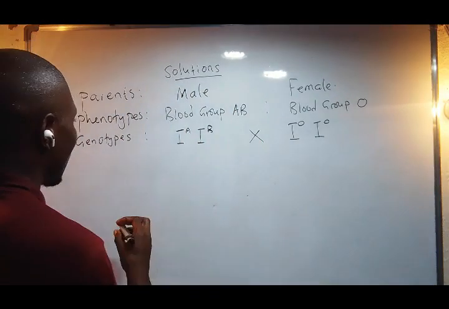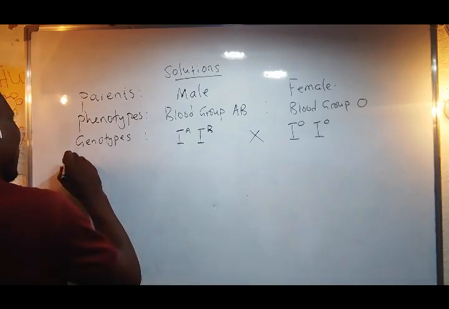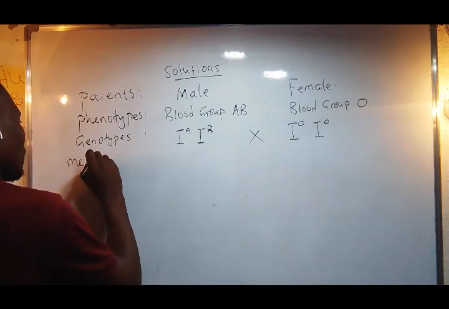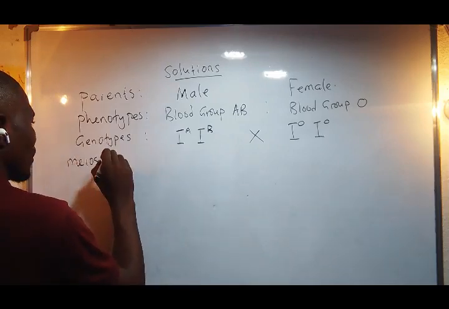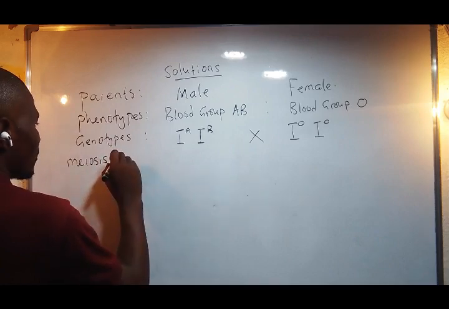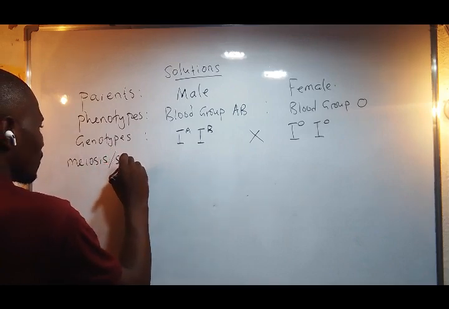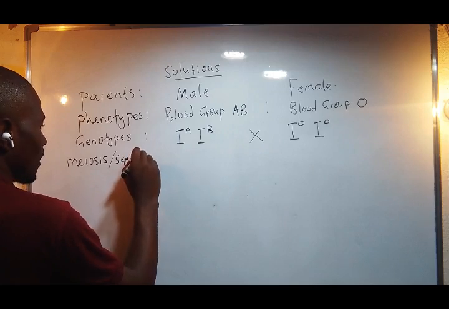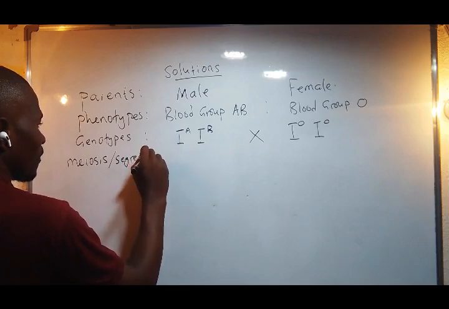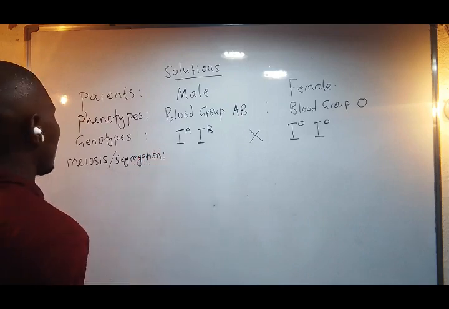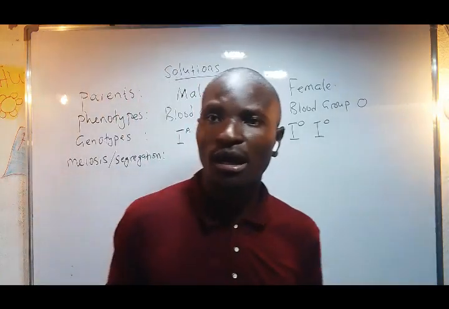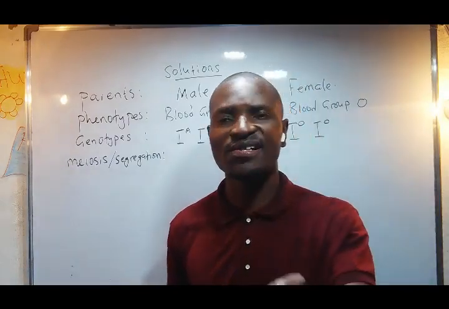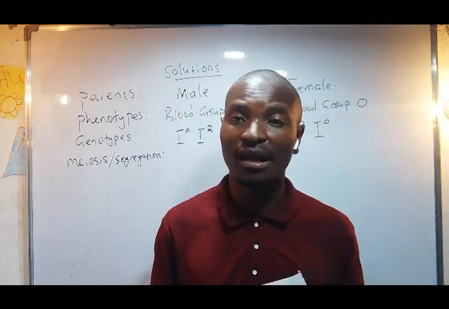So after we do that, what's going to happen is what is called meiosis, or should we say segregation. So we have meiosis or segregation that's going to happen now.